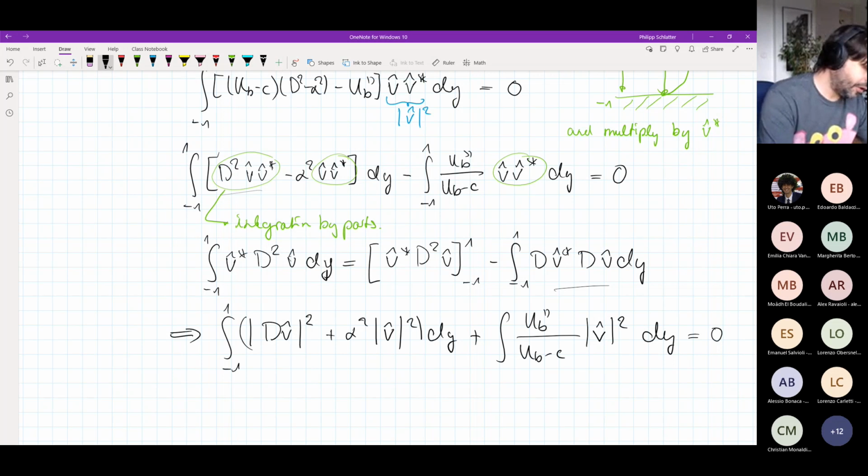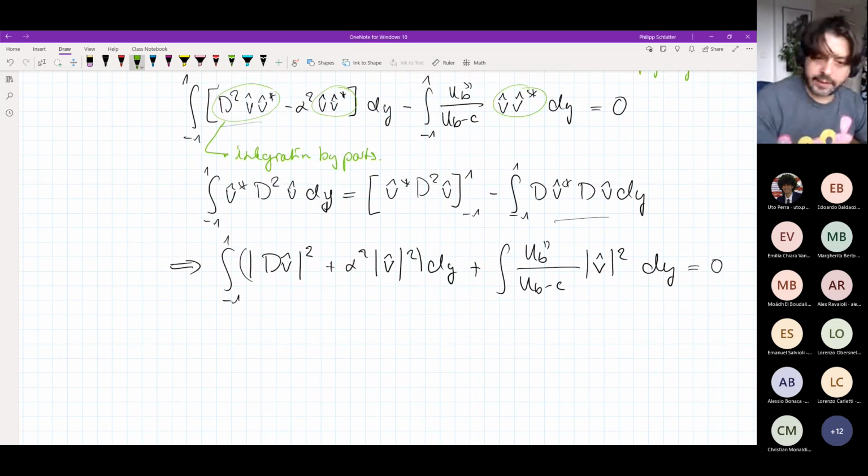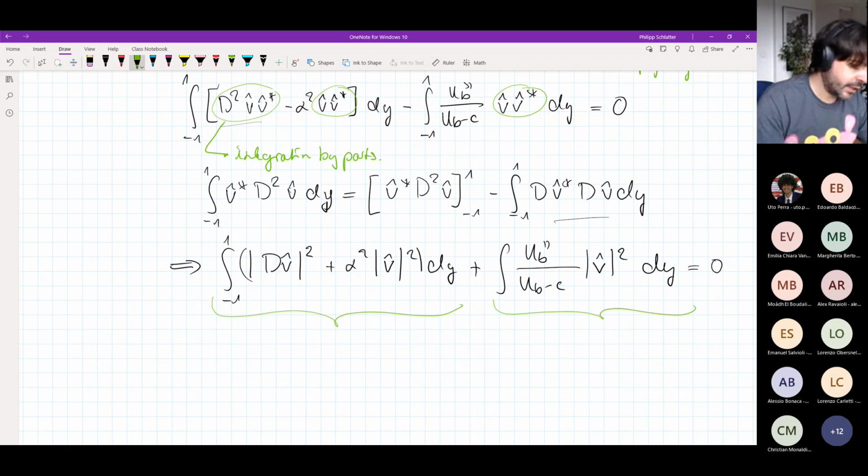So now, if you look at this, the interesting thing is that for these two terms, we can actually say something about whether they're real or complex. The first term is actually real because it's just squares of something, and alpha is a real number.